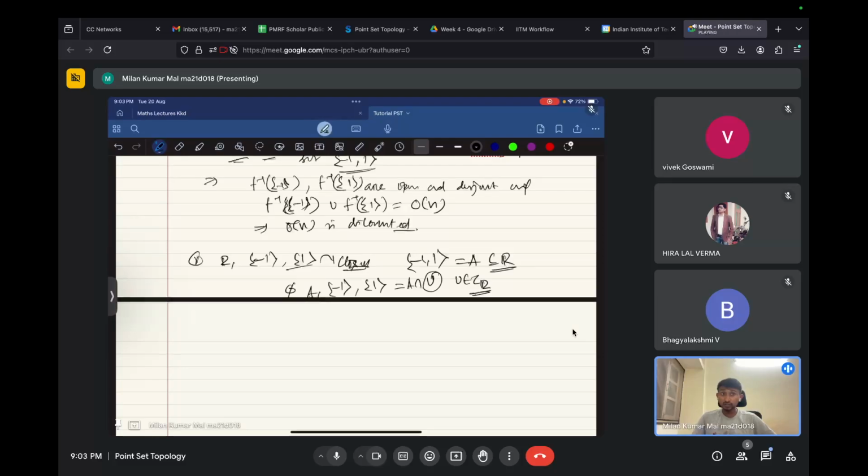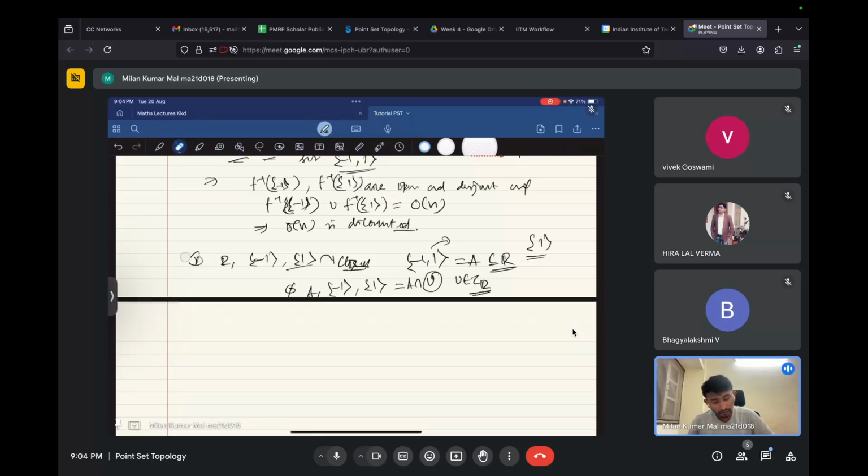Is it clear, or should I repeat? Because this is a very interesting and important thing. Got it now. In the standard topology of {-1, 1}, singleton sets are open, but they are not open in the standard topology of R. Similarly, singleton sets are open in the set of integers with the standard topology.